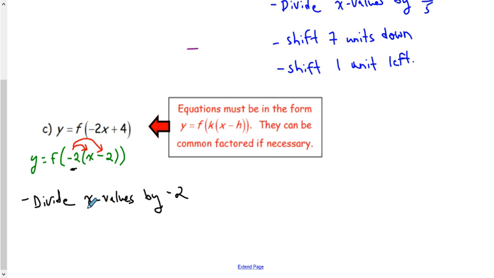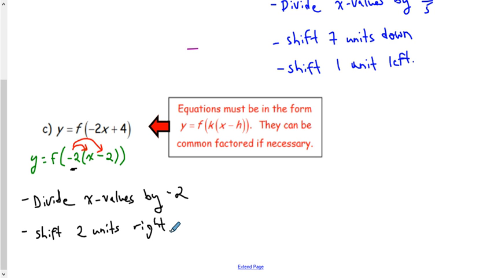So it's going to be a horizontal compression. It's going to be a compression because it's going to make it smaller. And this -2 inside here is going to shift 2 units in the positive direction, so that's to the right. Okay, so that's how we would describe all of those transformations.